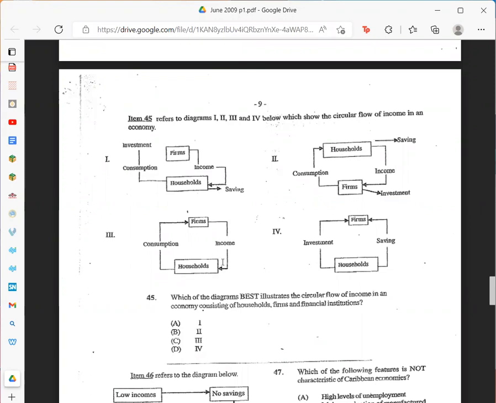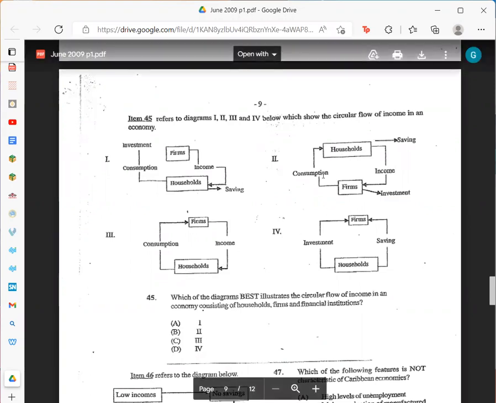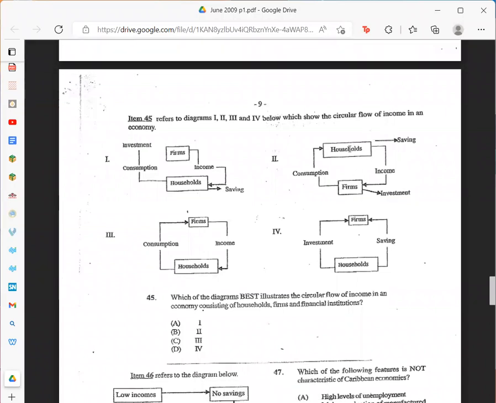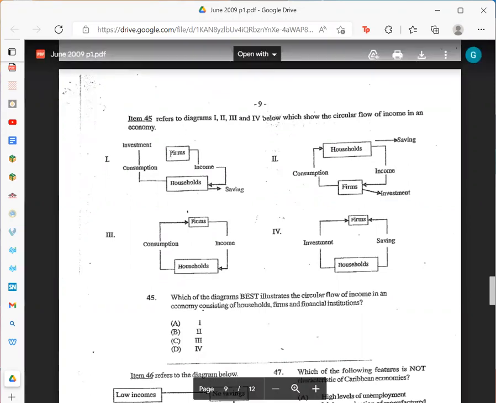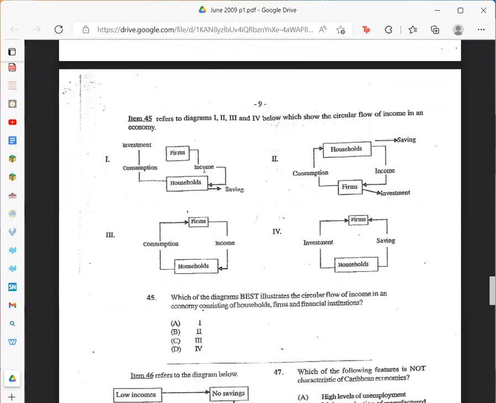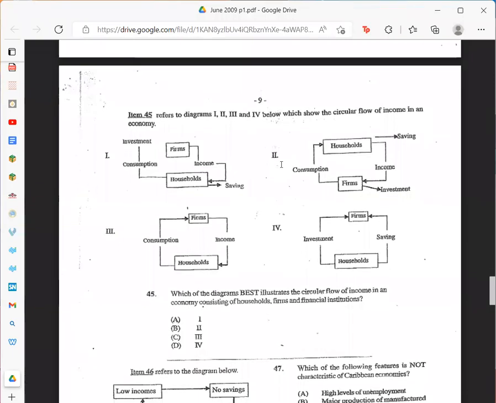That is just the regular circular flow of income. Right? So any other guess, right?